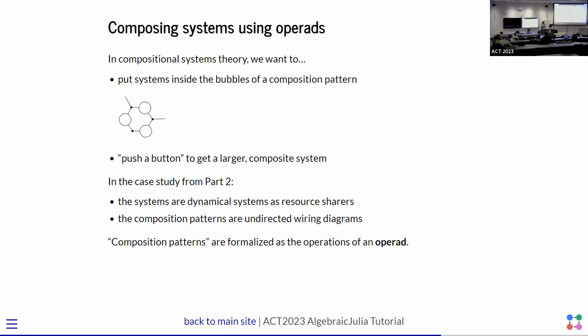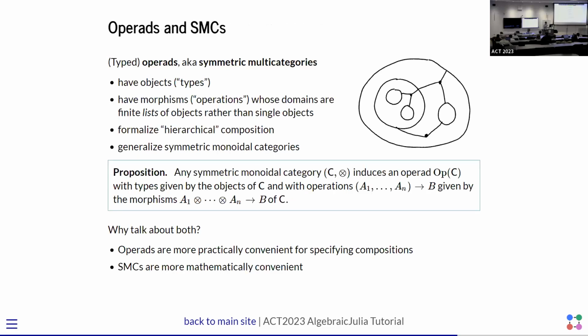So UWDs fit into a kind of categorical structure, and that structure is an operad. So we're now going to talk a bit about operads and their algebras. So in an operad, so people might say a typed operad, but for us operads will always be typed, also known as a symmetric multi-category.